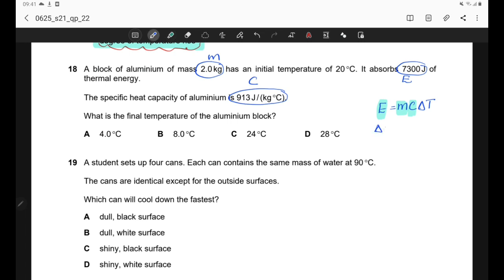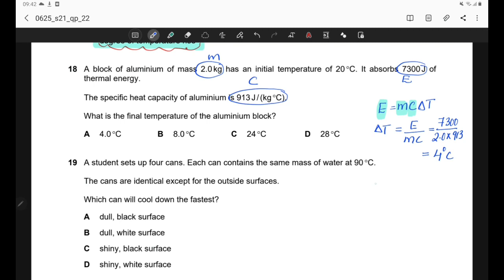We make change in temperature the subject. So we will get energy over mc, where energy is 7,300, over mass is 2, times specific heat capacity is 913. And we will get change in temperature is 4 degrees Celsius.